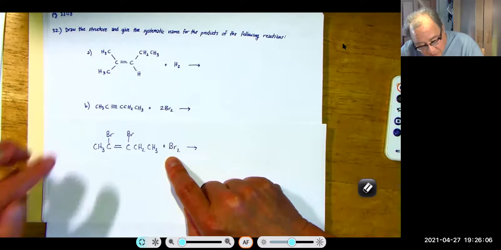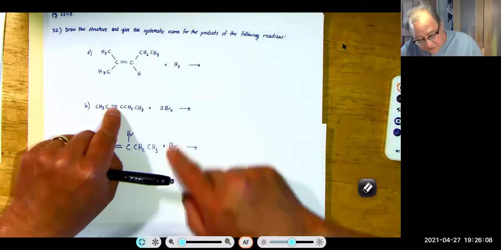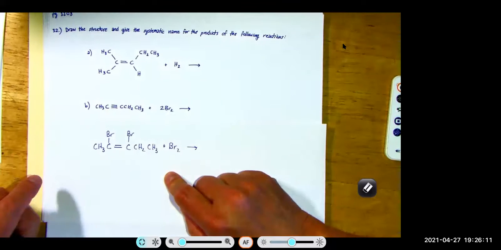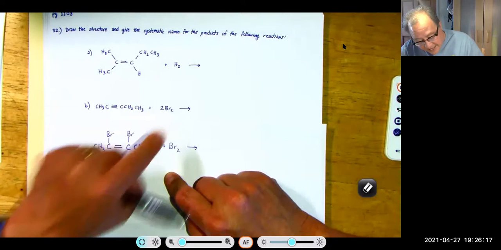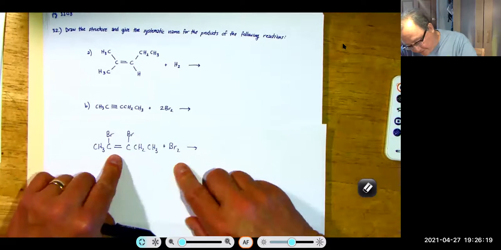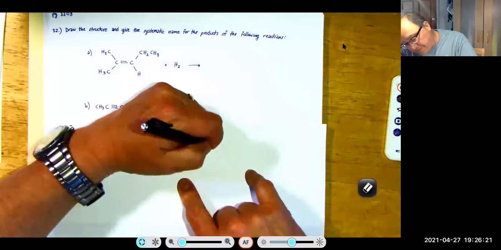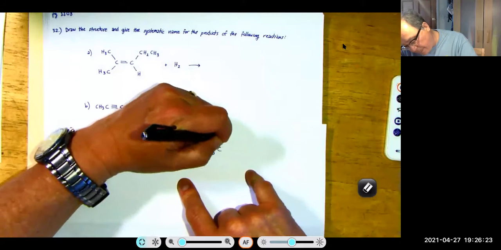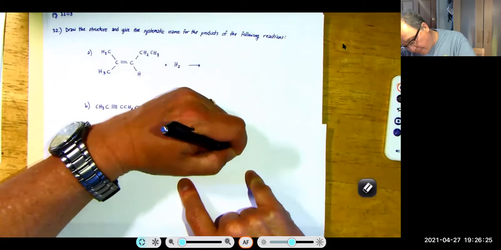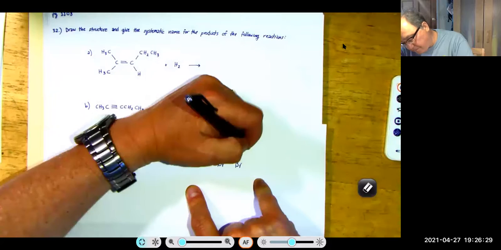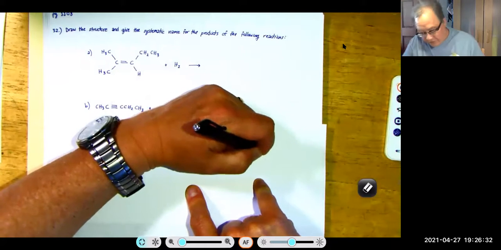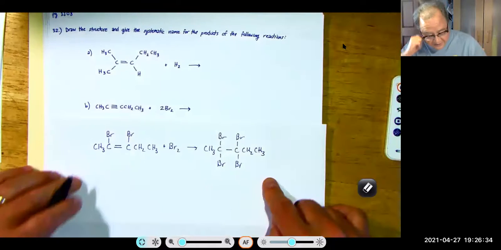So you see how I got rid of one of those bonds and added a Br2? On either side. Right here, got rid of one of those bonds and added a Br2. Now what happens is I get rid of the second one. So this is going to be the overall product.